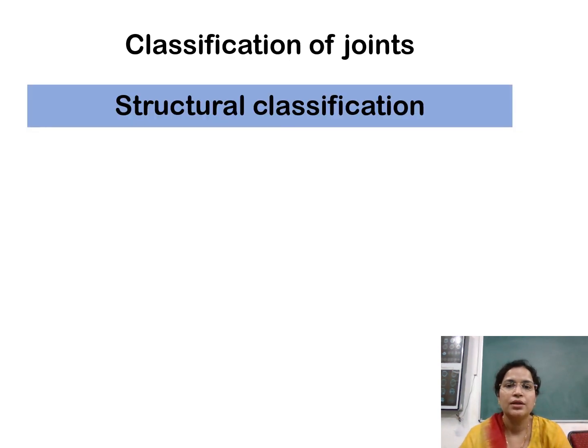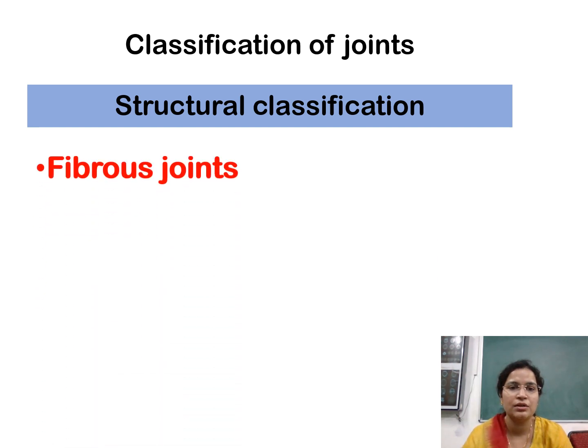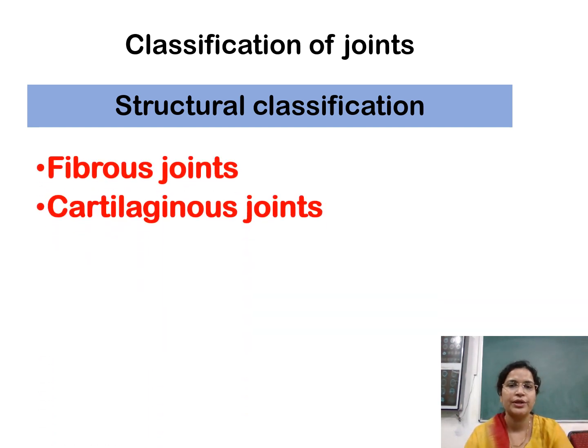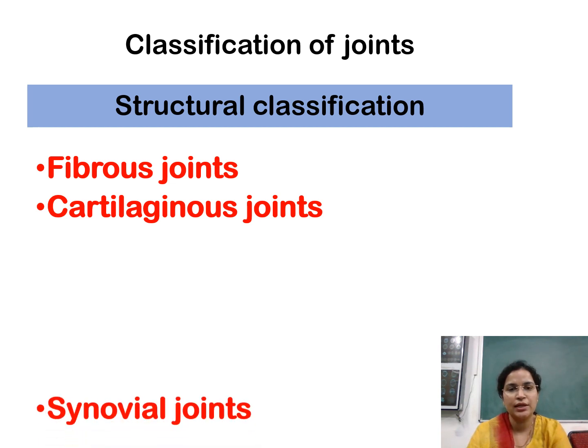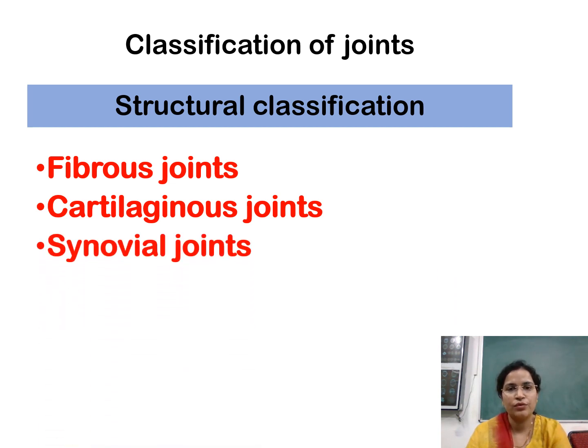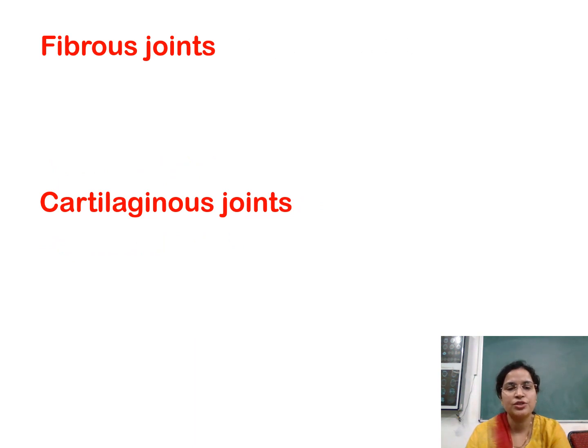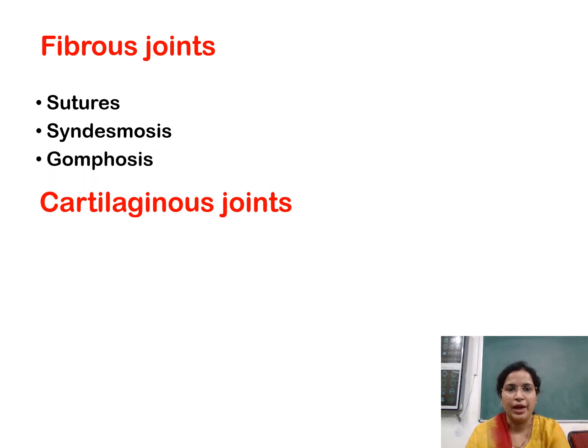Now, what is the structural classification? According to the structure, joints can be classified as fibrous joints, cartilaginous joints, and synovial joints. Fibrous joints can be studied under sutures, syndesmosis and gomphosis.